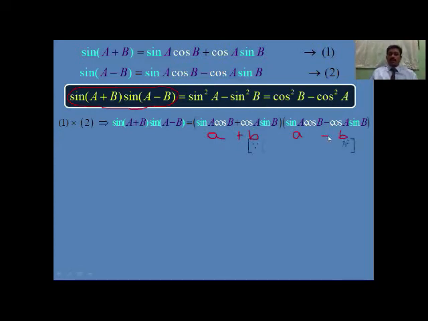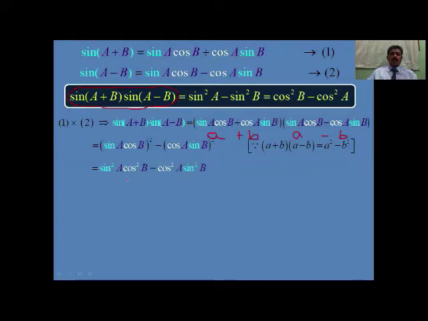Therefore, a plus b into a minus b equal to a square minus b square. Using this, I'm going to write the right hand side term as sin a cos b the whole square minus cos a sin b the whole square. From this, we can write sin square a into cos square b minus cos square a into sin square b.